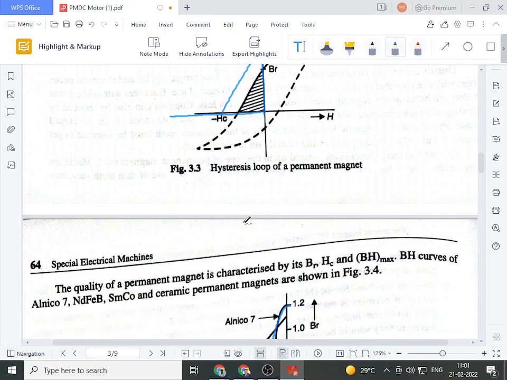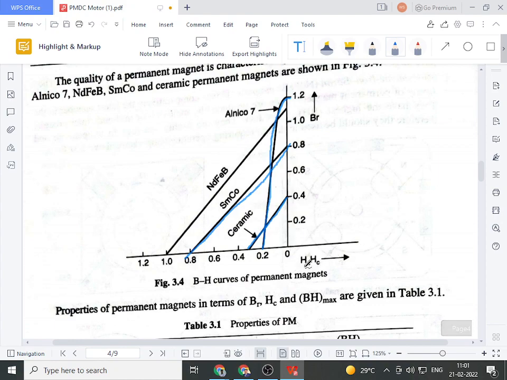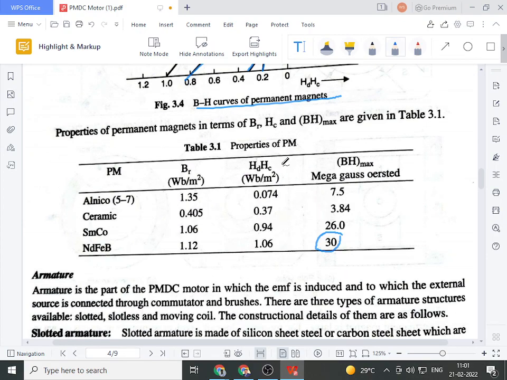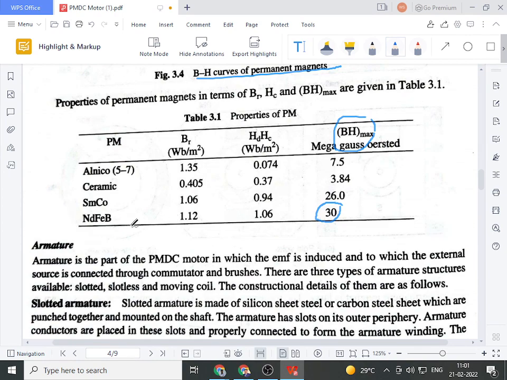So HdBd is the product, and that product is along the x-axis of your BH curve for the permanent magnet. That is the value of Hd into Bd, the product of BH. In simple terms, it is nothing but the area under the BH curve. So for NdFeB, the area under the BH curve is higher.